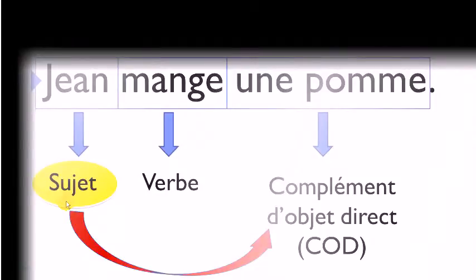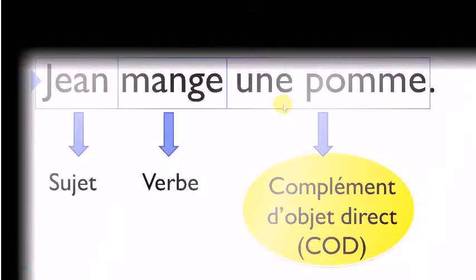So if we would like to put the focus on le complément d'objet direct, so if we would like to have une pomme as the main thing of the sentence, it would be actually the whole idea of this forme passive.